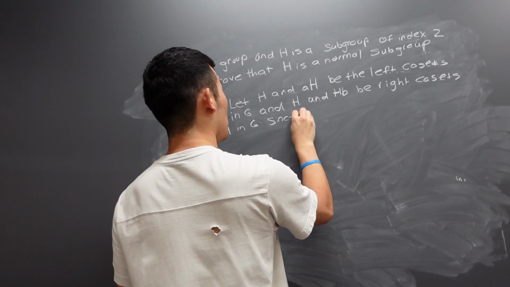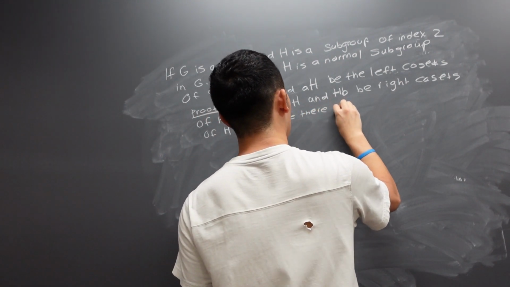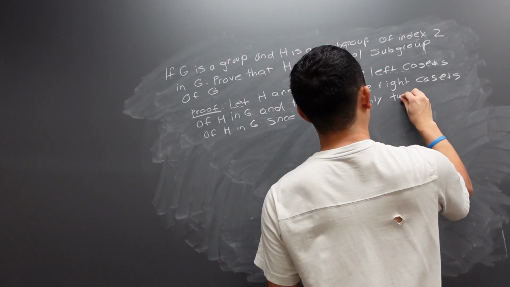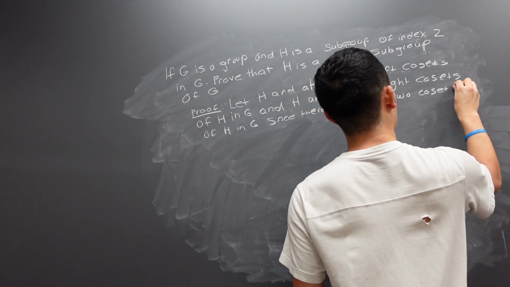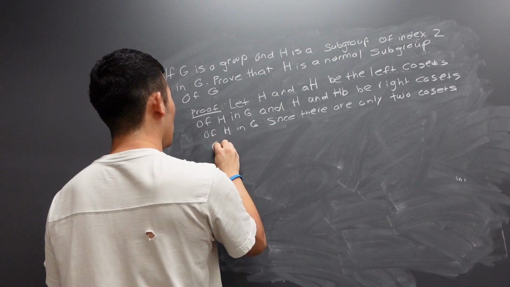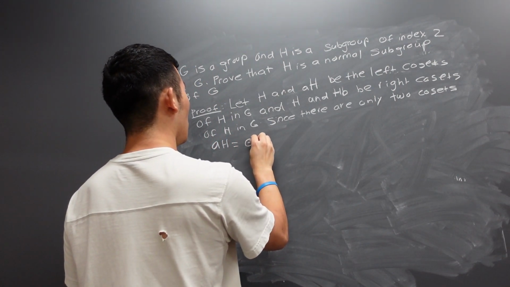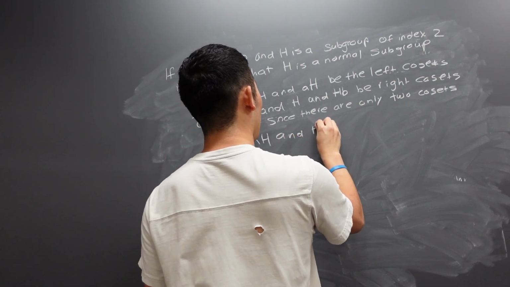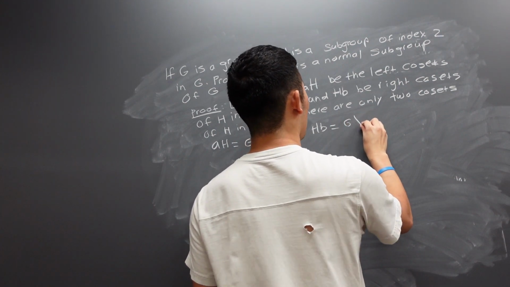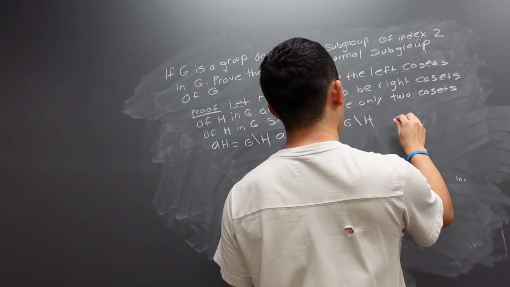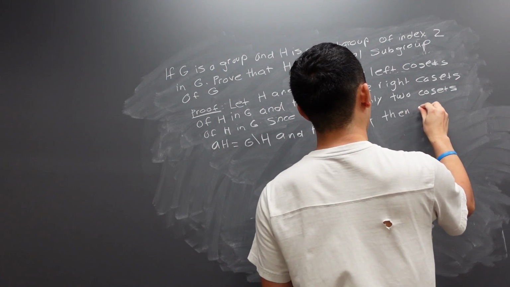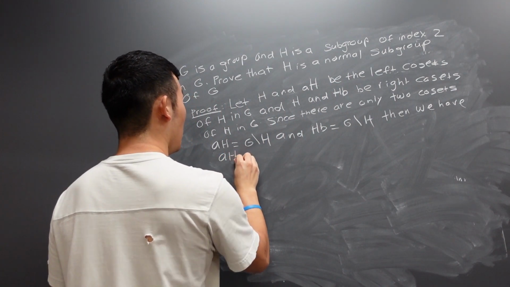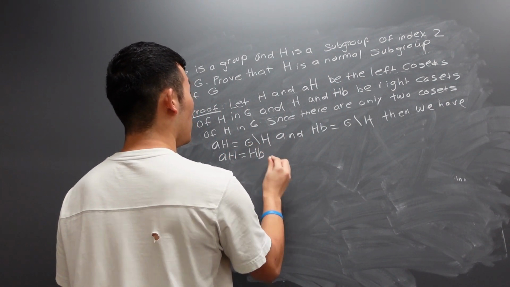Since there are only two cosets, aH is equal to G over H, and Hb is equal to G slash H. Then we have aH is equal to Hb.